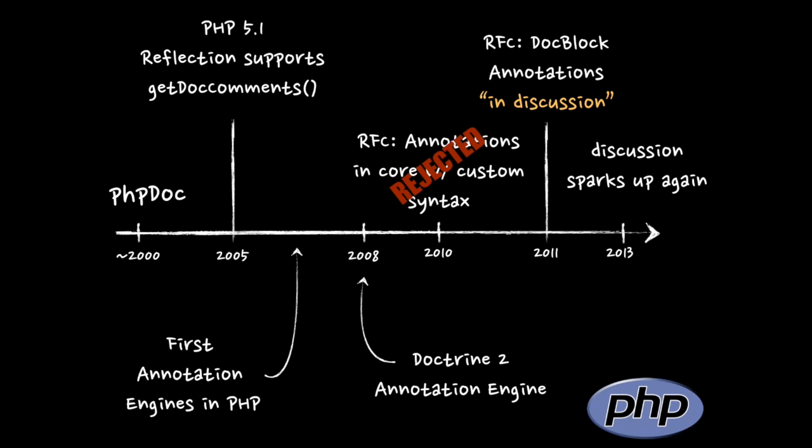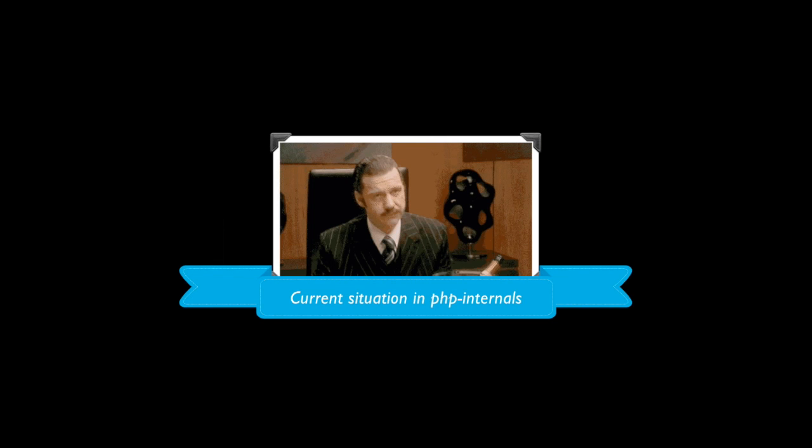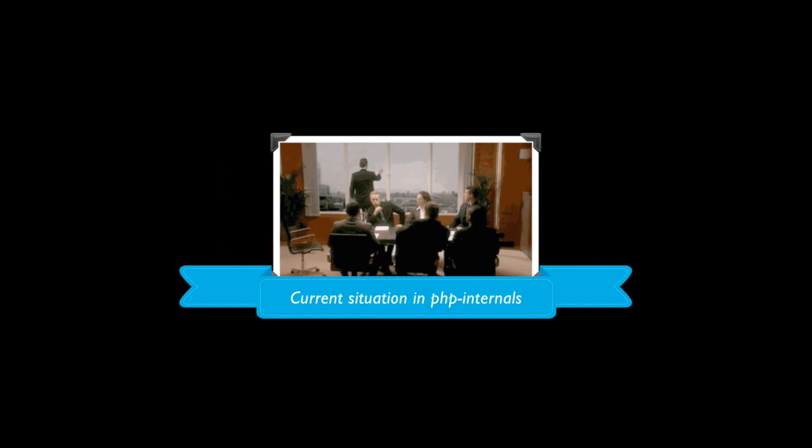So in 2013, again, it came up, but from 2011, it then changed to annotations more in a doc block format. So again, following the Java syntax, not the C hash syntax, right? So currently, if you walk into internals right now and ask about annotations, the reaction you're going to get is pretty much this.